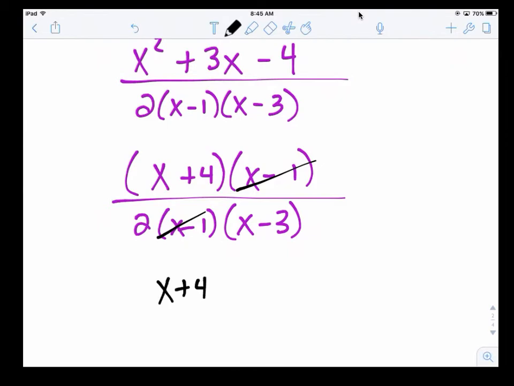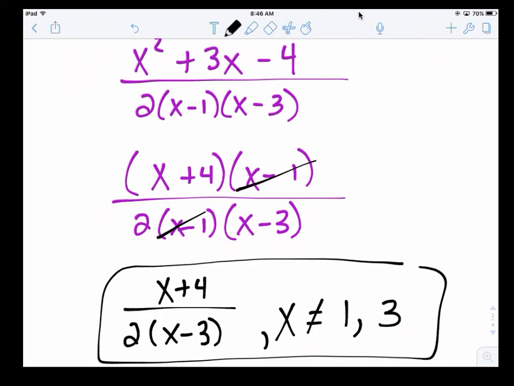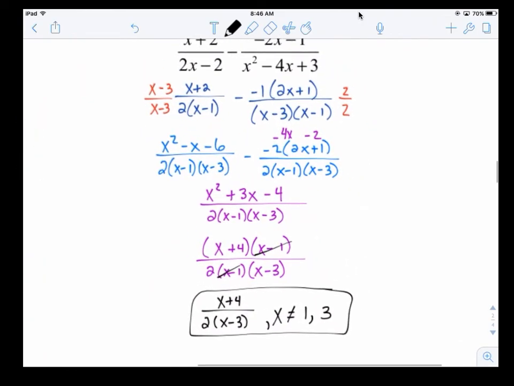I'm left with x plus 4 over 2 times x minus 3. And x cannot equal 1 or 3. You okay with that? All right, so see if you guys can figure out the last two. That is E and F.